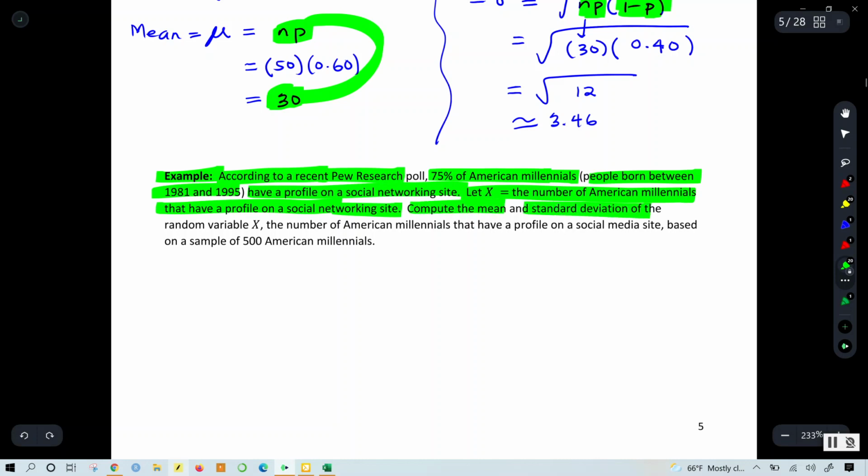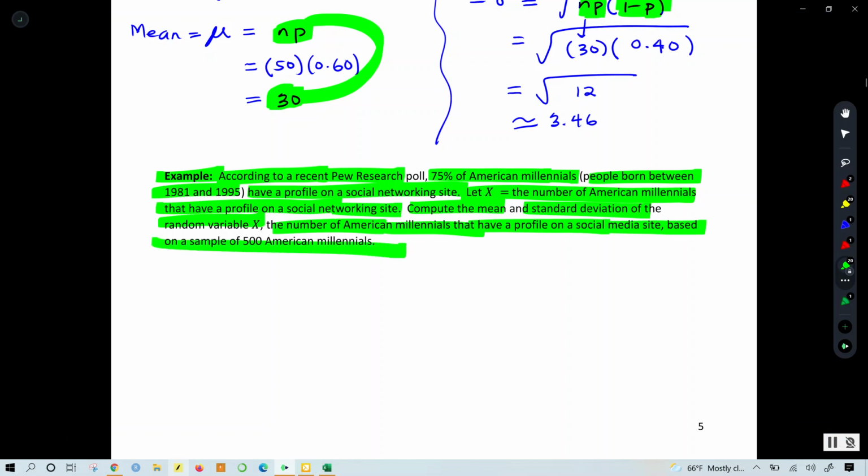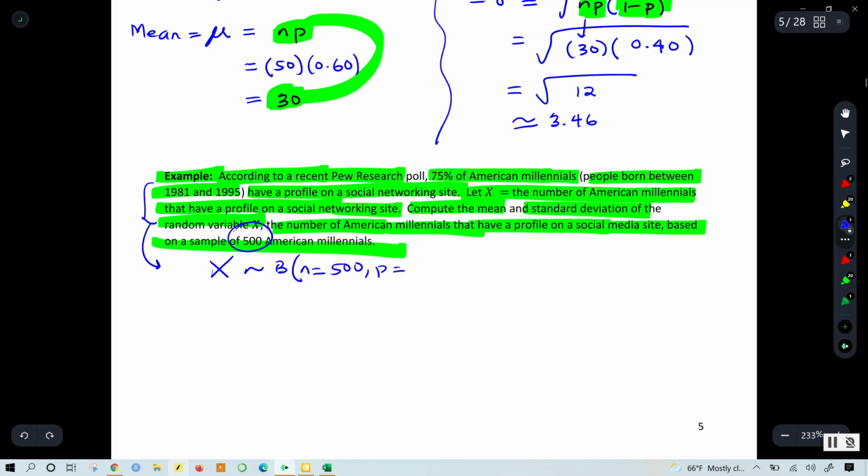Compute the mean and standard deviation of the random variable X that represents the number of American millennials that have a profile on a social media site, based on a sample of 500 American millennials. This well describes a binomial experiment where X has the binomial distribution, n is the sample size, and p is the probability of success.